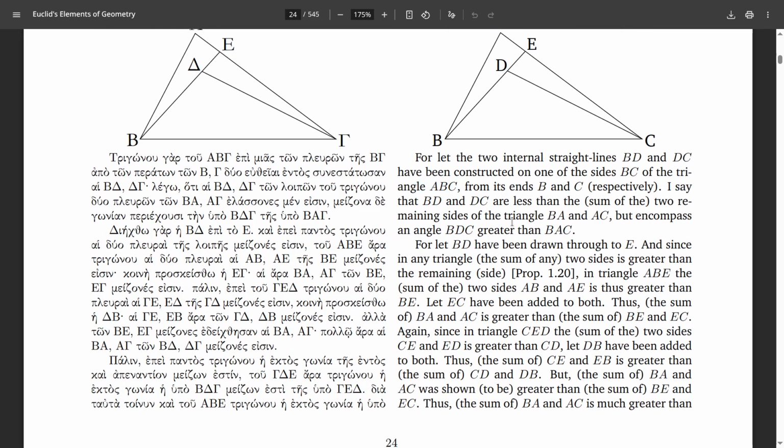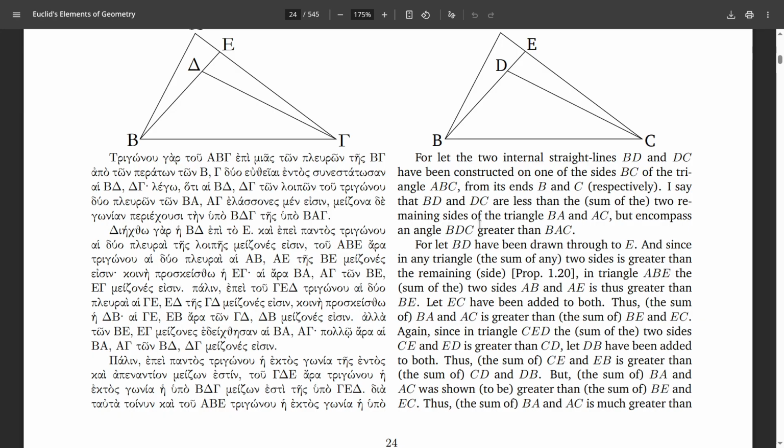So BD and DC are less than the sum of the two remaining sides of the triangle, BA and AC, but encompass an angle greater than BAC. So we say that the angle BDC is greater than BAC. So let's write that down.